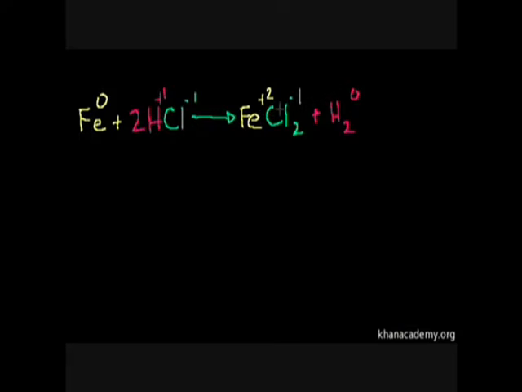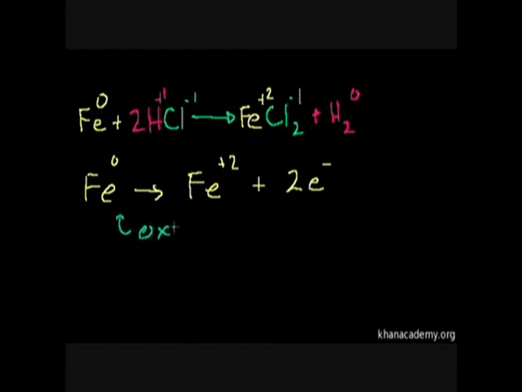So what was oxidized? Our iron went from neutral to having 2 electrons taken away from it, which gives it a positive charge. So plus 2, electrons got taken away. So this was oxidized. What about the hydrogen?